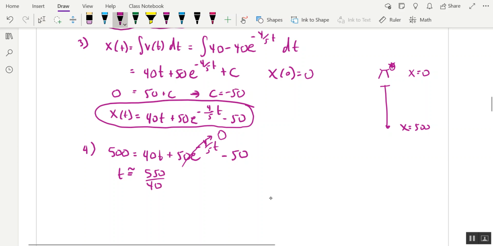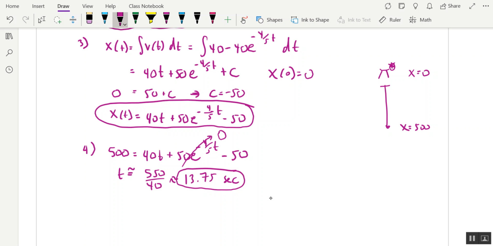All right, and that's 13.75 seconds. If you plug 13.75 into t here, multiply by negative 4/5, exponentiate, multiply by 50, you'll see that this is absolutely tiny. So it's okay to do that, but I'm going to show you on Desmos in a minute.